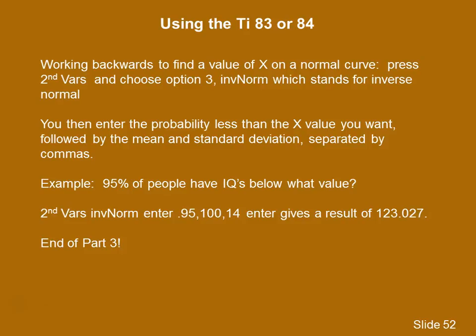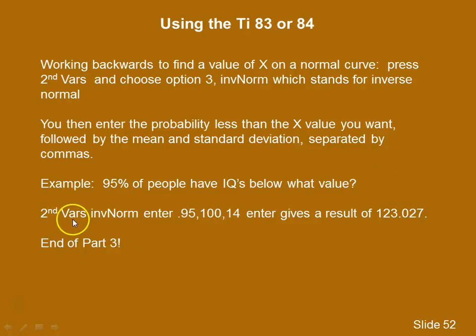Now, the way you use this particular function is you first enter the probability less than the x value you desire, comma, followed by the mean of the distribution, comma, and then the standard deviation. As an illustration here, supposing I said 95% of people have IQs below what value? So I didn't ask you for a probability, I'm asking you for an IQ value such that 95% of the distribution is below that value.